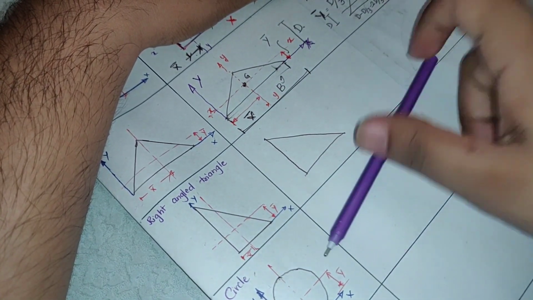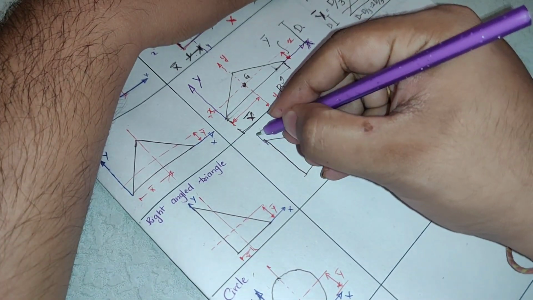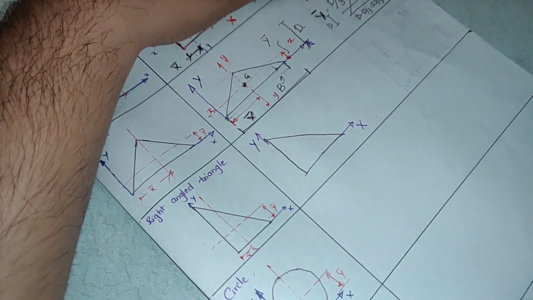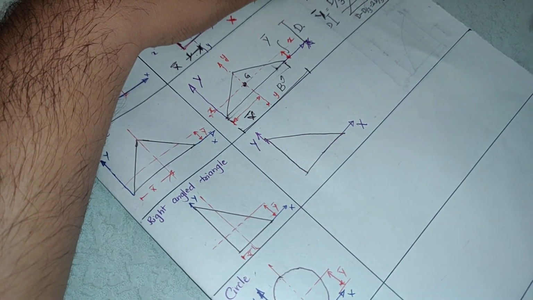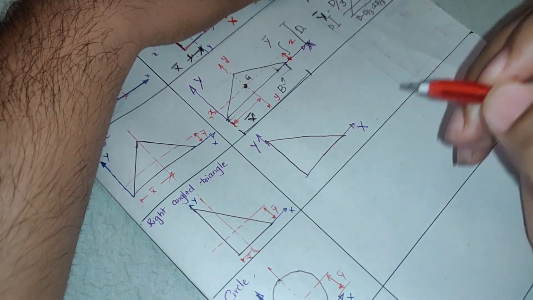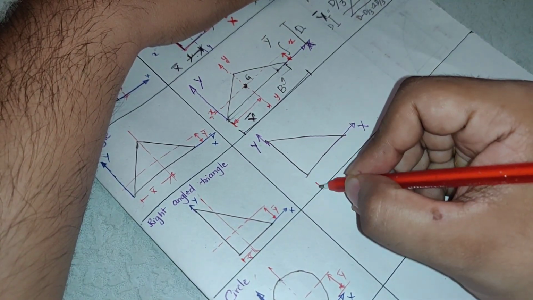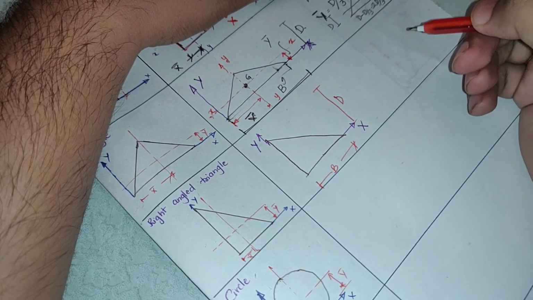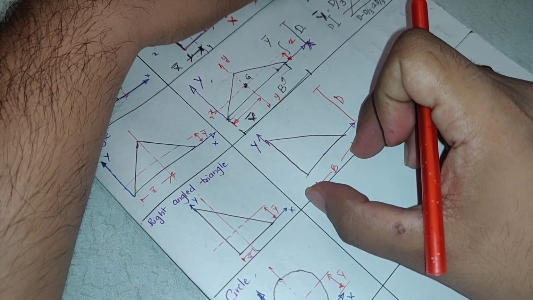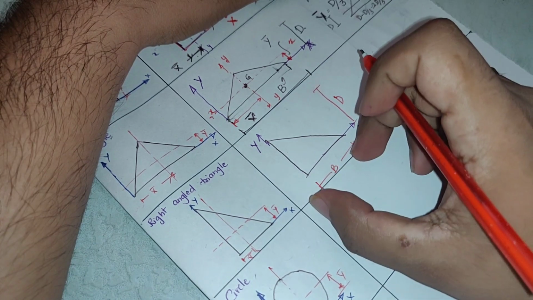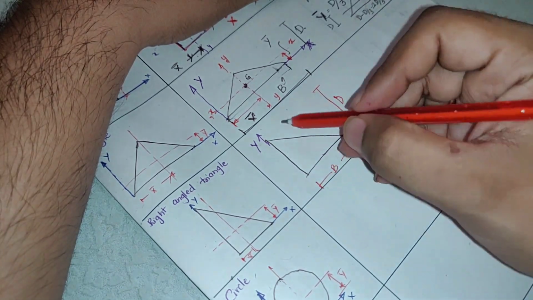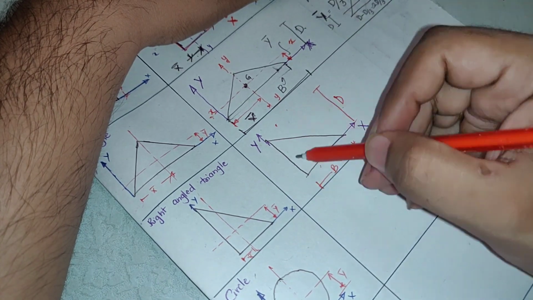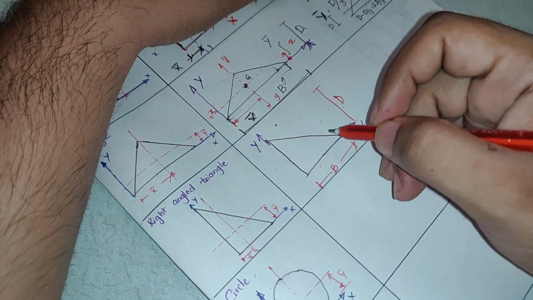Now if I locate its reference axis, this is the reference axis capital X, this is reference axis capital Y. Now if I need to locate where the CG of this is, if I call this B and this D, will it be exactly B by 2 or D by 2? If I cut this object exactly at B by 2, will the area be equally divided? Or if I cut it exactly at D by 2, will the area be equally divided?